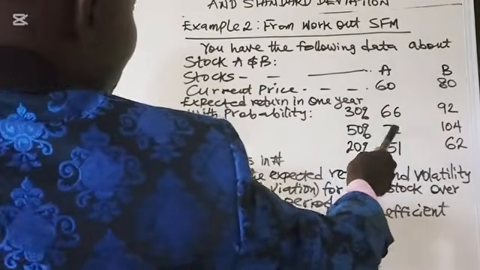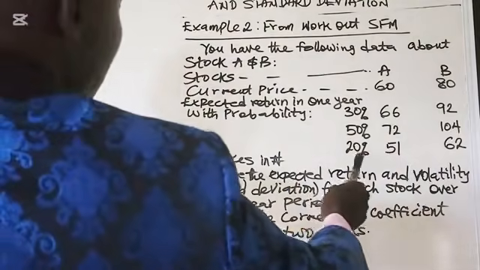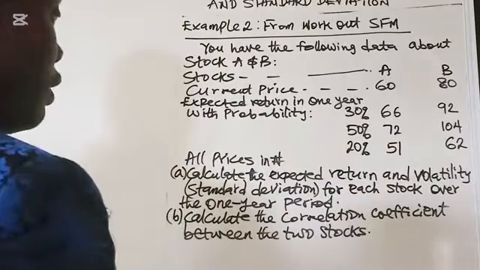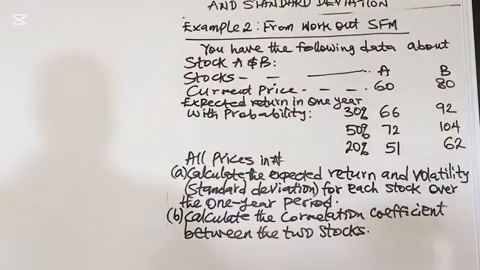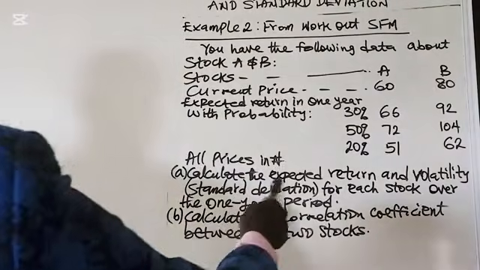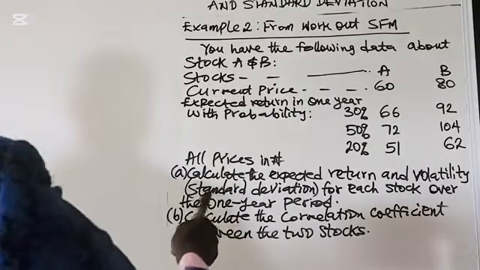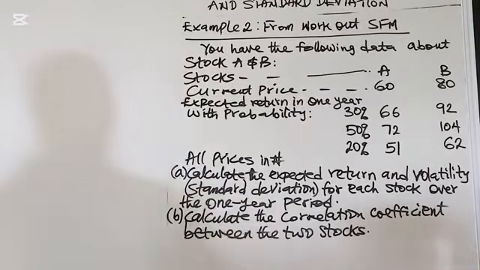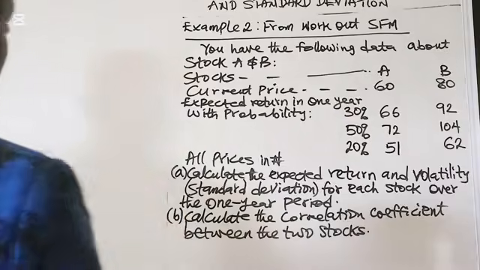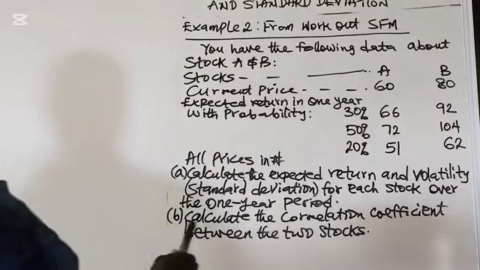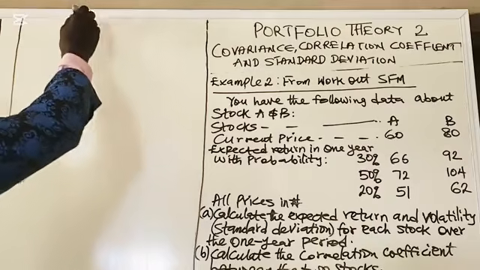Probability of 50%, returns of 72 and 104. And at the probability of 20%, returns of 51 and 62. All prices are in Naira. A. Calculate the expected return and volatility, that is standard deviation, for each stock over the 1 year period. B. Calculate the correlation coefficient between the two stocks.